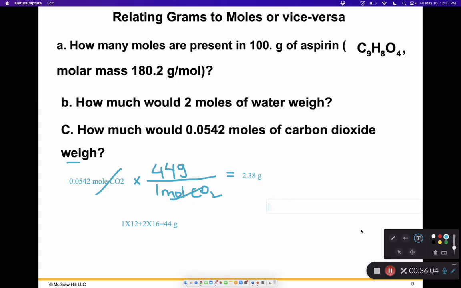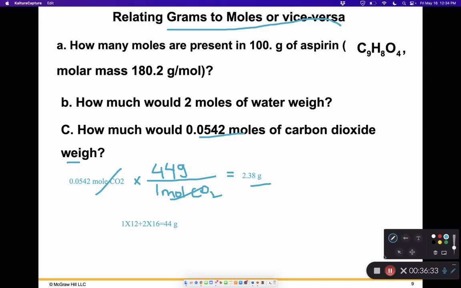What we did in this question is we were given moles, we converted them into grams, and again we used the molar mass to do it. Either moles to gram or grams to moles, whatever the question, relating grams to moles or vice versa, always use the molar mass to convert from one to another. Does that make sense?